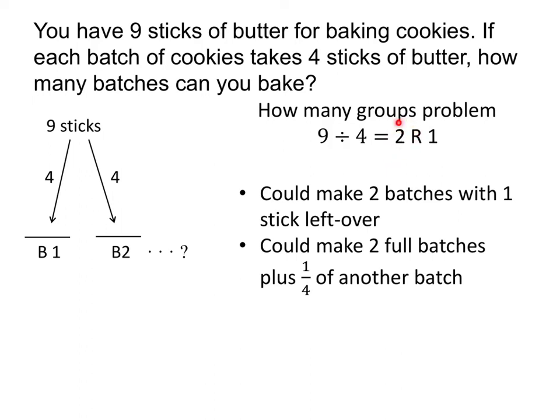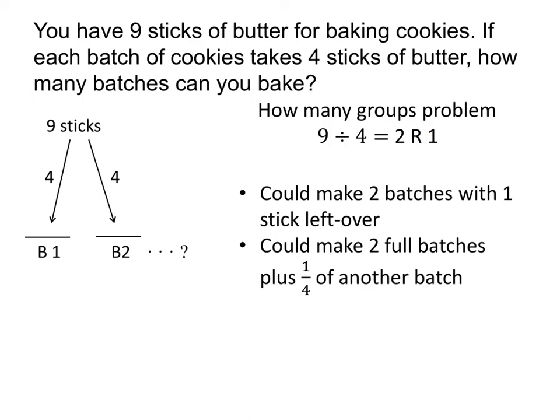The 2 here means that I could make 2 batches, and then the remainder of 1 means that I have 1 stick left over. Okay? Now that answer could make sense, and that's basically the same interpretation that we used in the previous problem. The remainder gave me the number of items that were left over. In this case, a stick of butter left over.